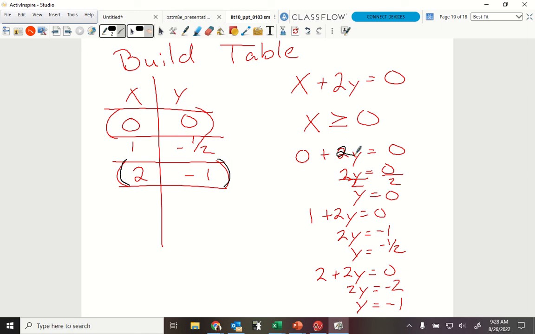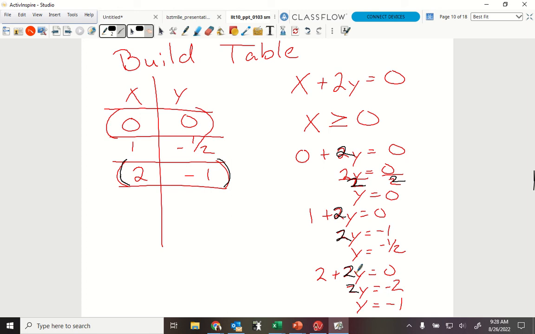So my last answer, I had to divide by 2, right? And where'd that number come from? It's in front of my y, isn't it? So I end up dividing by 2 every time because that's the number in front of my y.